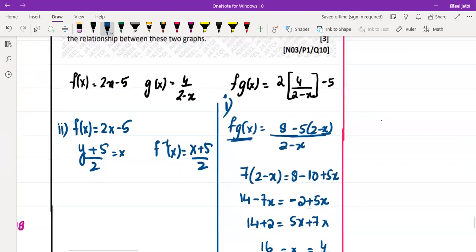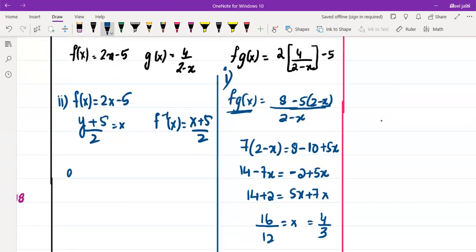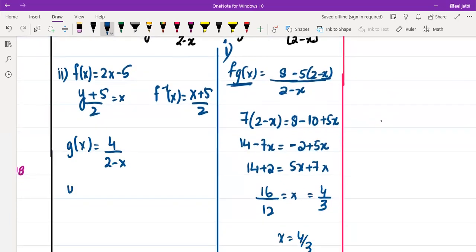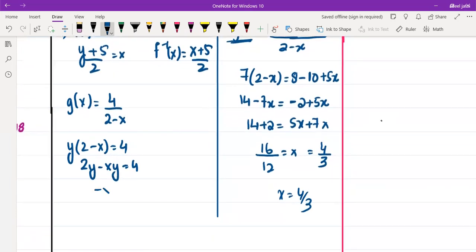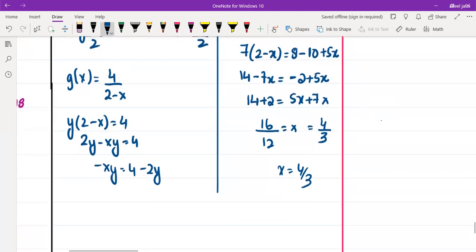Whereas your g(x) is 4 upon 2 minus x. You'll convert g(x) to y. You'll obviously multiply, so 2 minus x times y is equal to 4. 2y minus xy is equal to 4. Minus xy is equal to 4 minus 2y.